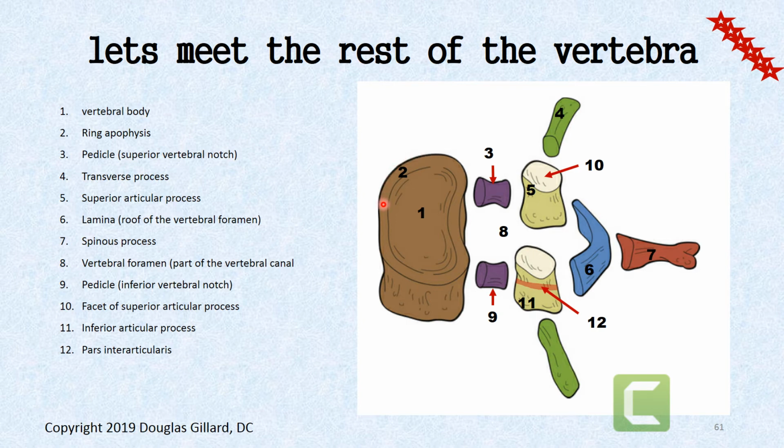So this is where the growth occurs. That's called the ring apophysis, number 2. Ring apophysis. Number 3, we know these guys already. These are the pedicles. But more specifically, this is the superior vertebral notch. This is the inferior vertebral notch. Okay? Got that down? This hole in the middle is the vertebral foramen.